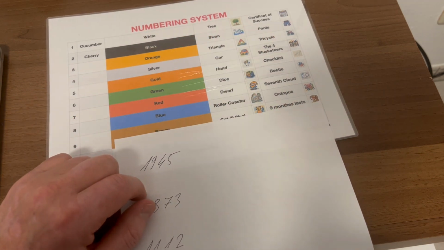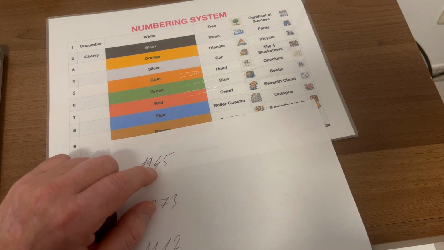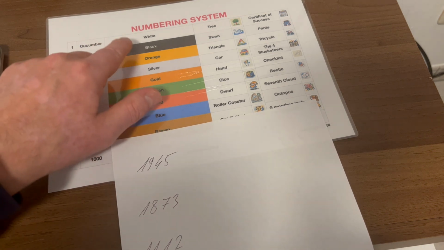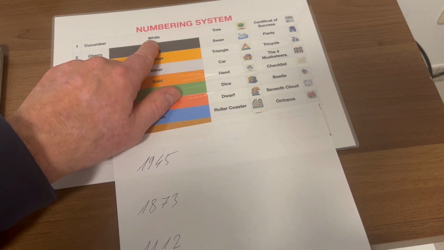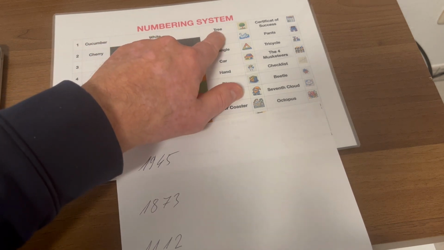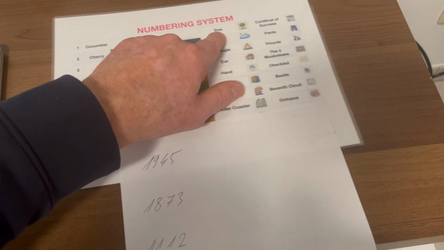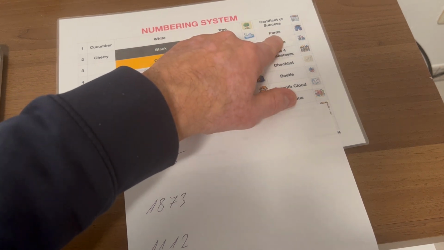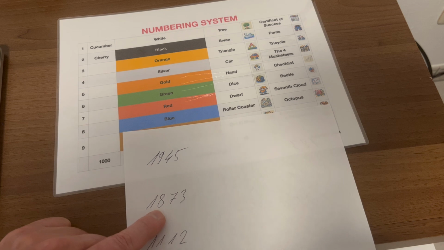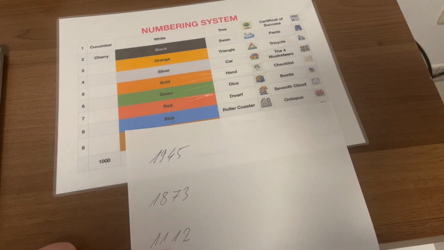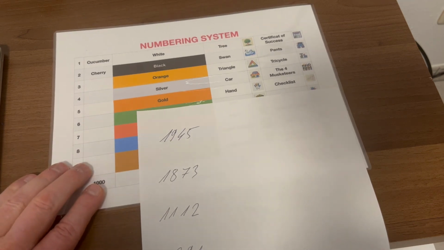It has a pen. Okay. So the cucumber is for 1,000. White is for 100. The 3 is for 10, and the pens they are for 2. Yeah, 1112. Okay.